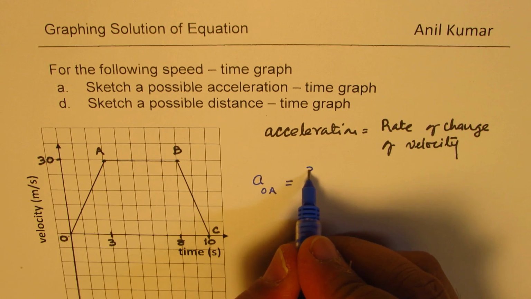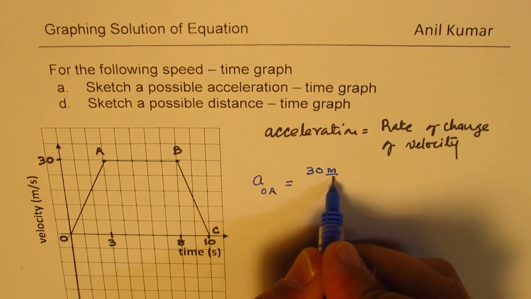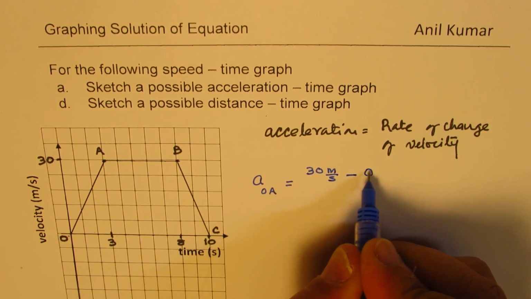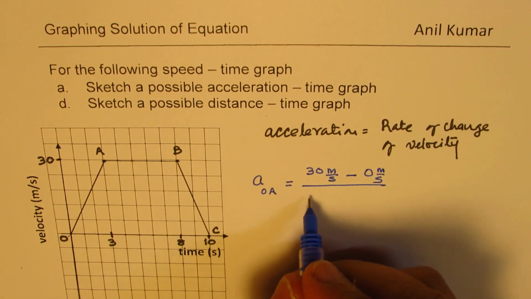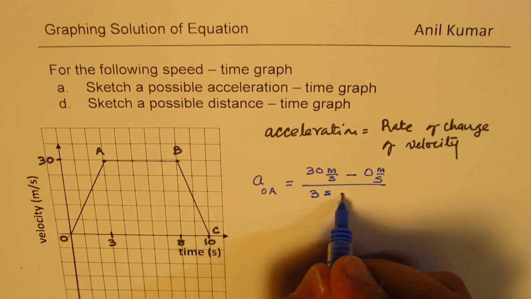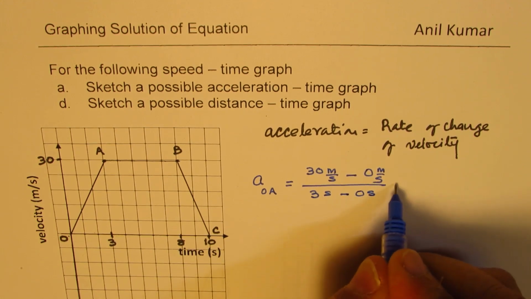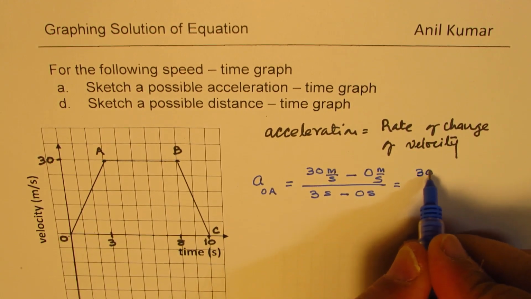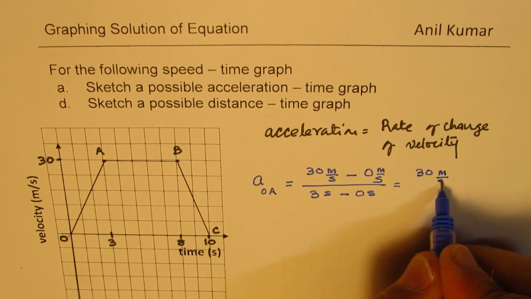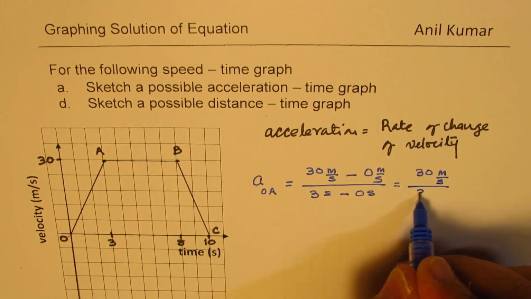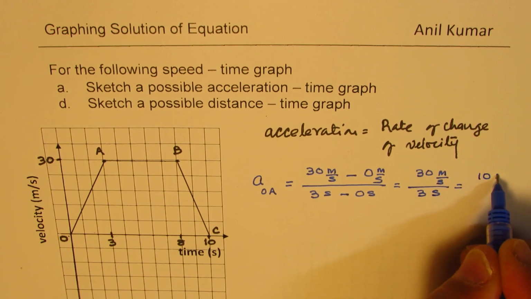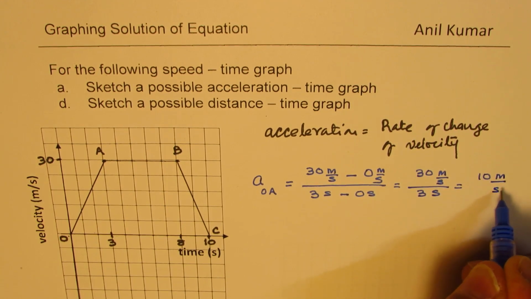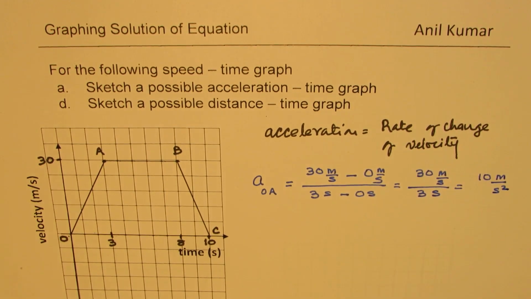We have 30 meters per second minus 0 meters per second divided by the time, which is 3 seconds minus 0 seconds, correct? So that gives you 30 meters per second over 3 seconds, and so we get 10 meters per second squared, right? So meters per second squared is the unit for acceleration.